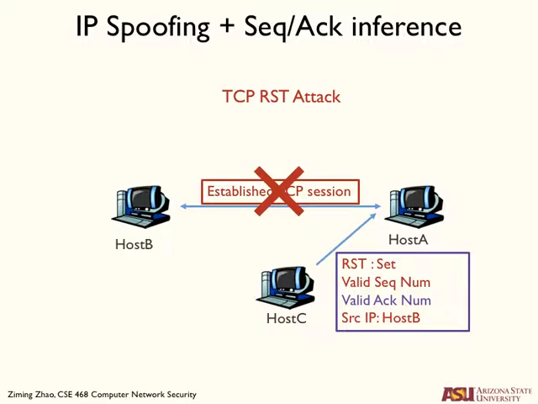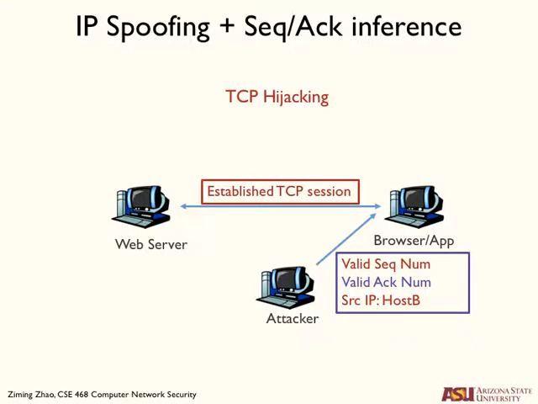So we're talking about TCP and the TCP attacks. With IP spoofing and the successful guessing of a valid sequence number and acknowledgement numbers, an attacker can reset and establish a TCP connection. In addition to that, attackers can also inject data to an established TCP connection.